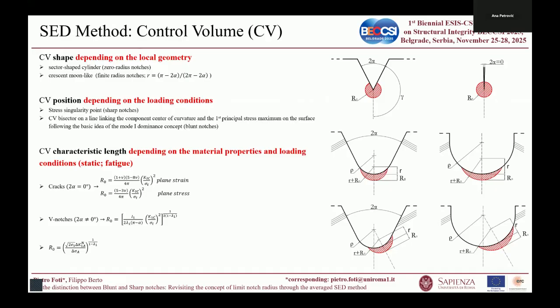About the CV position, this is determined following the mode 1 dominance concept, while the control volume characteristic length, so the size of this control volume, depends on the material properties, and it can be thought of as a material property as well. Indeed, as you can see here, we can obtain the value of this R0 in static condition from the fracture toughness and the ultimate tensile stress.